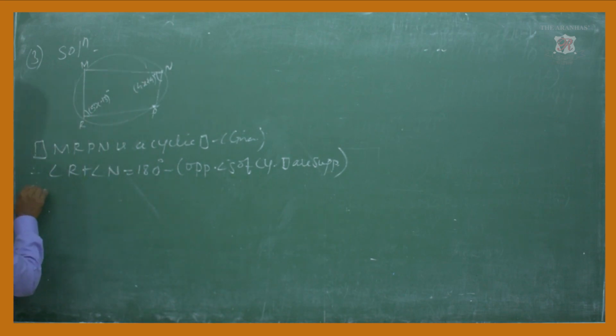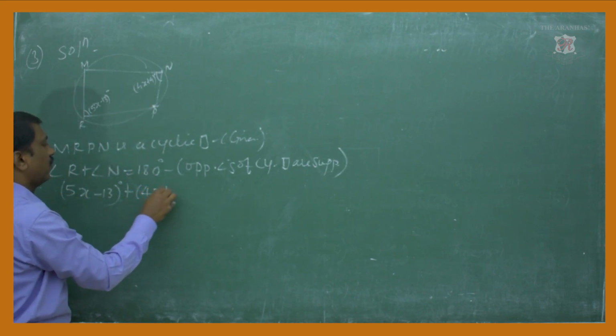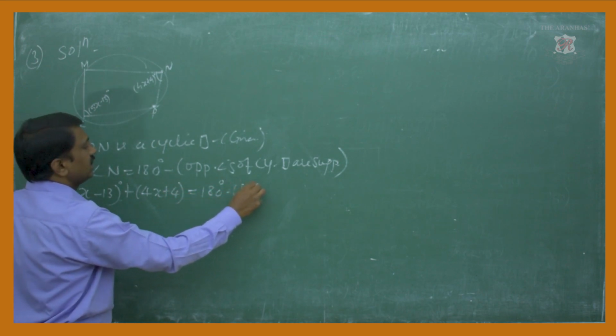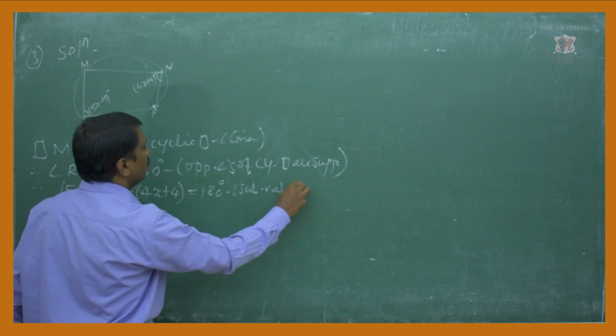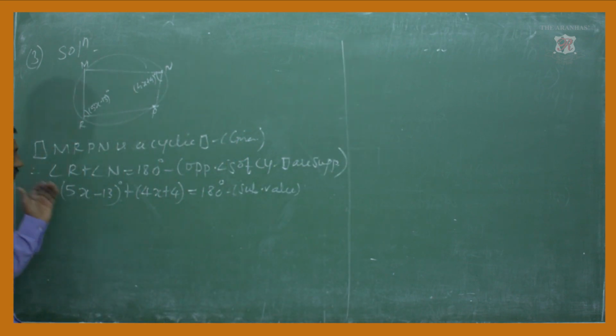Now substitute the values. Angle R is 5x minus 13 degrees, plus angle N, which is 4x plus 4, equals 180.